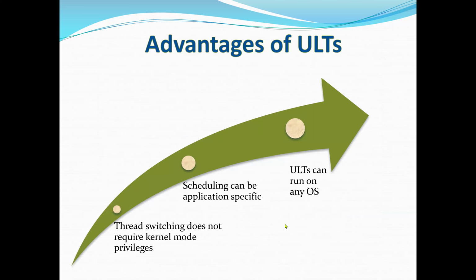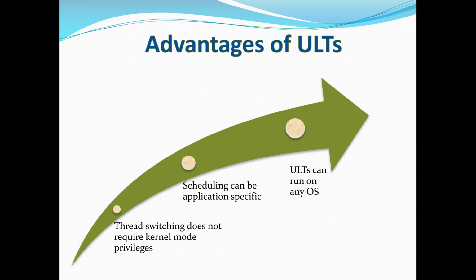So again, there are a number of advantages to the use of user level threads instead of kernel level threads, including the following. 1, thread switching does not require kernel mode privileges, because all of the thread management data structures are within the user address space of a single process.